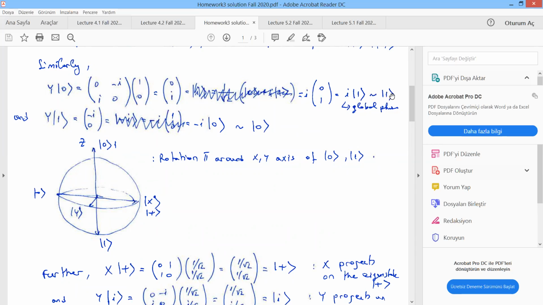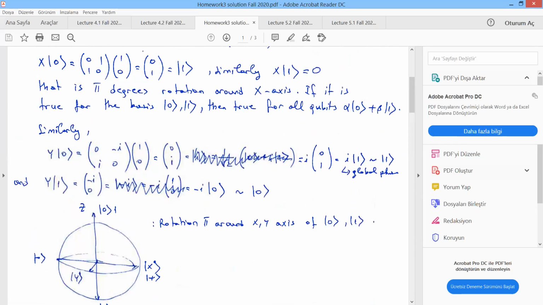So this is equivalent to ket 1. Similarly, in this case also, the ket 0 vector is rotated around the y-axis to obtain ket 1. And if you similarly apply Y on ket 1, you would also get ket 0. So 1 is rotated to 0, and 0 is rotated to 1.